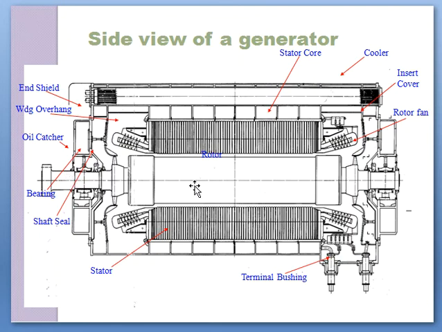This is the rotor which holds the rotor winding and the poles. The rotor is also connected on both sides. Here we can see the rotor fan, then the shaft, the rotor shaft seal, then there's the bearing side, and here we can see these are the terminal bushings. These are the stator windings.